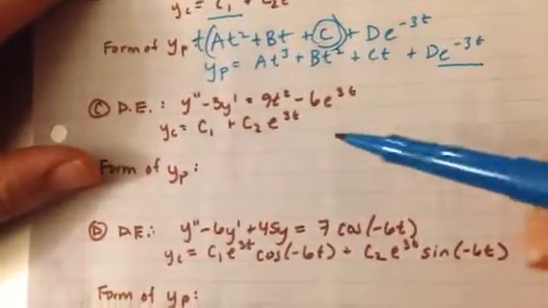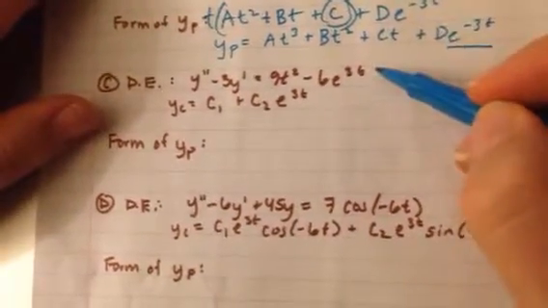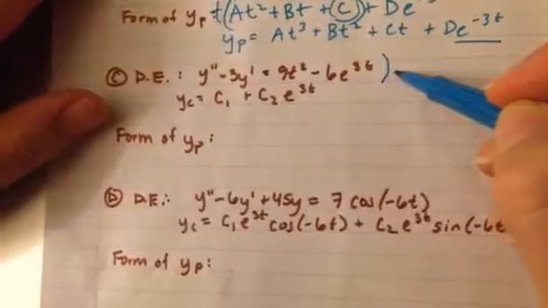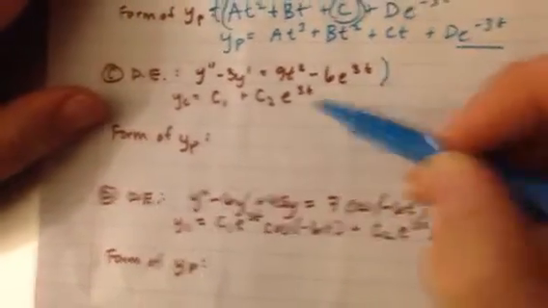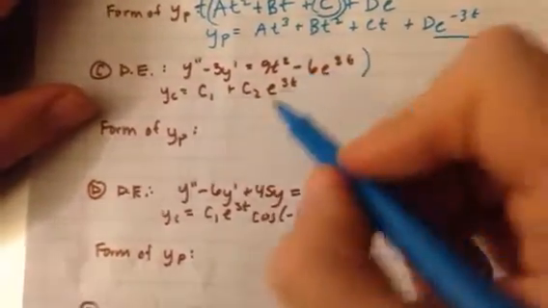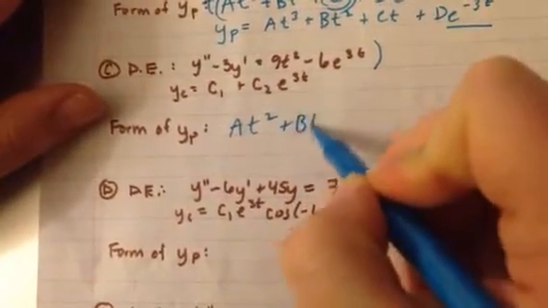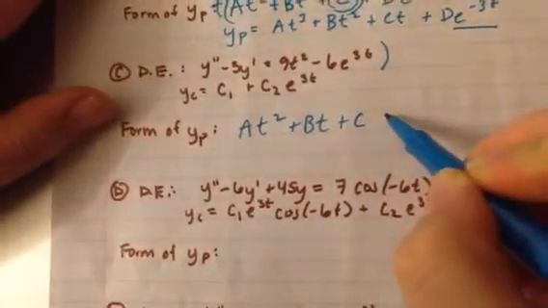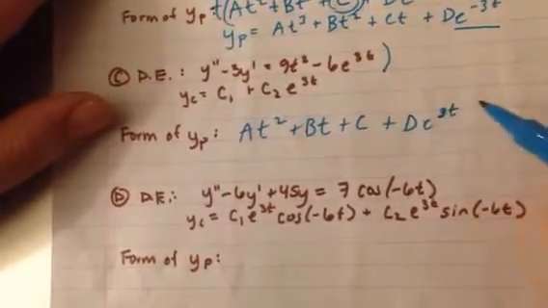So if we look down at c, our g of t is 9t squared minus 6e to the 3t, and then we have the same yc below. So we're going to get at squared plus bt plus c plus d e to the 3t.